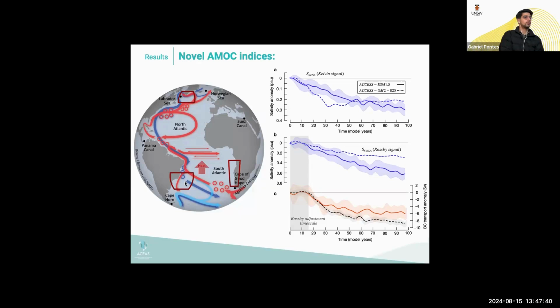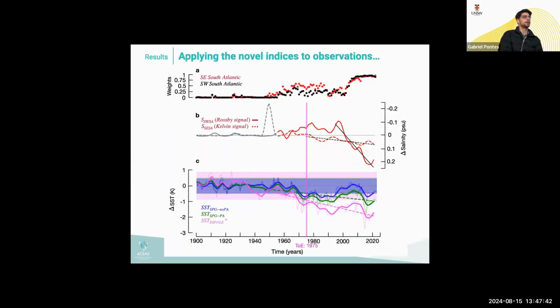So when we applied those novel indices to observations, this is what we get. On this B panel, I'm showing you the two salinity signals, the Rossby and the Kelvin. The Rossby is the solid line, and the Kelvin signal is the dashed line.